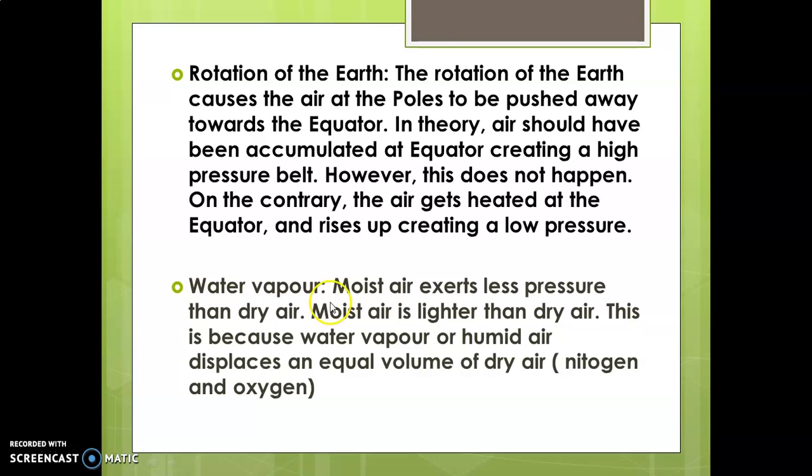The moist air is lighter than dry air because water molecules are more present in moist air, which are lighter than dry air, because nitrogen and oxygen, these two gases, are predominant in dry air, which are heavier than the water molecule present in moist air. So that's why moist or humid air is lighter than dry air.